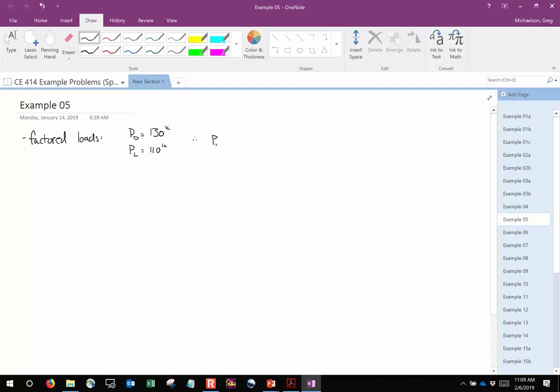So we need to factor that load. And what does that come out to be? 332 kips.